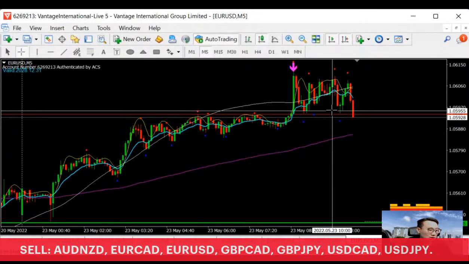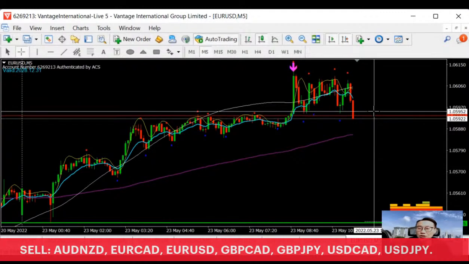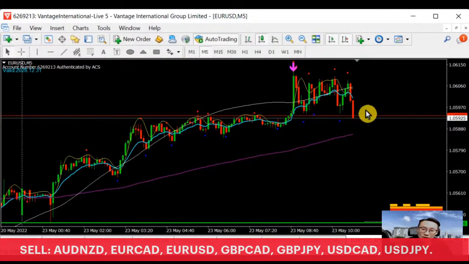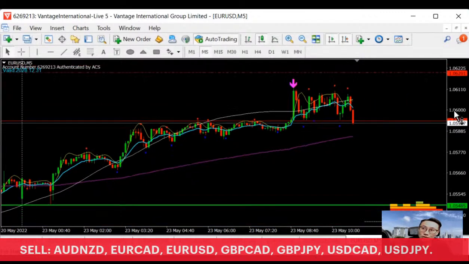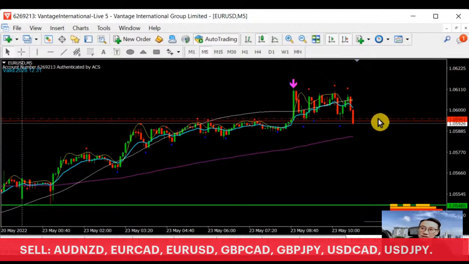This is the support, a relatively small support level. I'm going to wait for this price to retrace upwards again to test the previous support that will become a resistance over here. So this is the one.